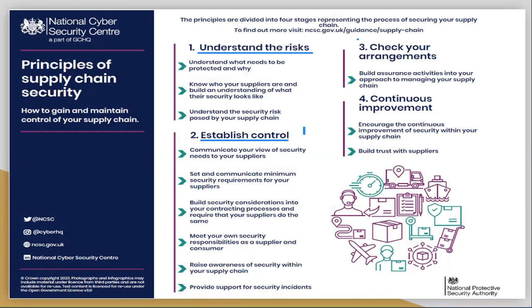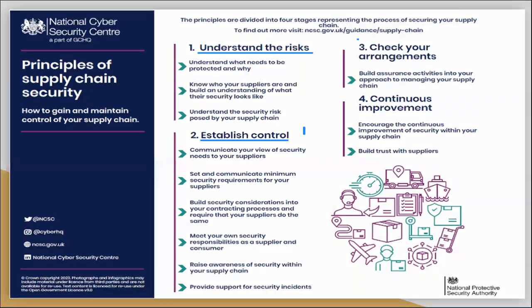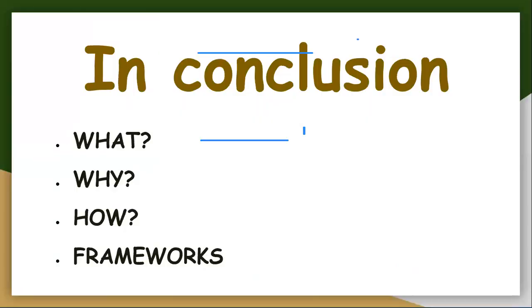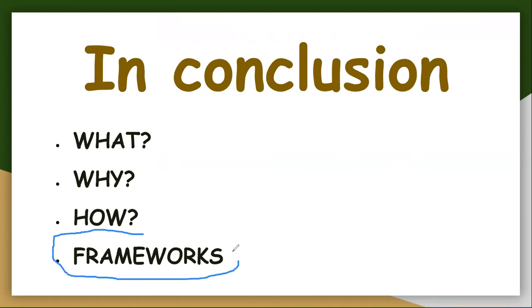So we're almost coming to the end of this session. In conclusion, we've understood what supply chain risk management is, why we do it, and how we are able to conduct supply chain risk management with the help of some frameworks.